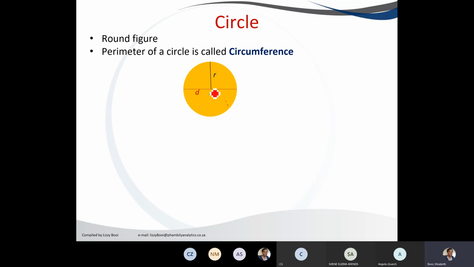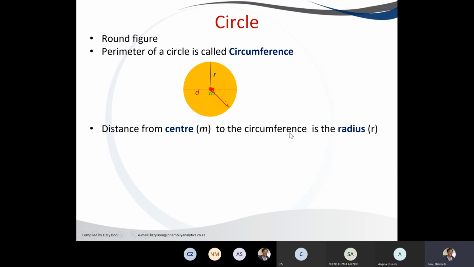As long as it starts from the middle of the circle and it breaks the diameter in half, you are able to calculate the radius. And when we calculate the circumference of a circle, we need to know the radius. Sometimes they will give you the diameter. We know that the diameter consists of 2 radiuses.